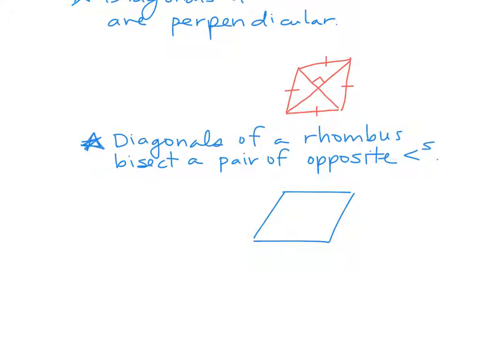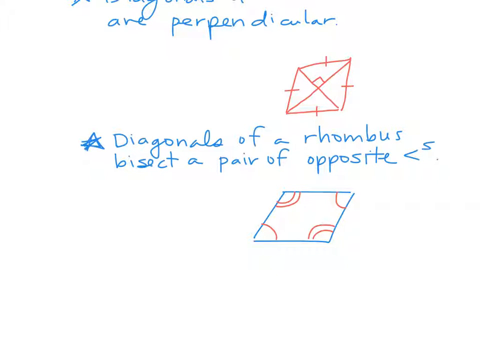If we draw the diagonals in, what we're saying is, actually let's just rewind. I know this right now, right? I know if this is a parallelogram, which I'm telling you it is, that this angle is the same as this angle, and this angle is the same as that angle. Well now if we draw the diagonals in, this theorem says that that diagonal cuts those angles in half.